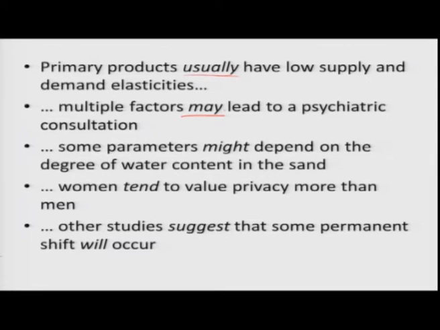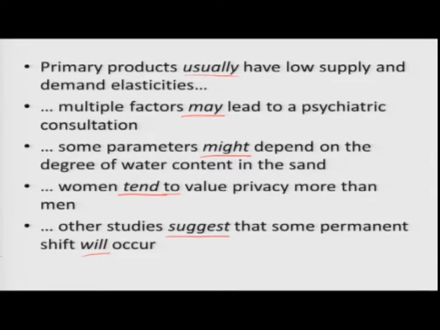May is the hedging device. Some parameters might depend on the degree of water content in the sand. Might is the hedging device. Women tend to value privacy more than men. Tend to is the hedging device. Other studies suggest that some permanent shift will occur. Suggest and will, both these are hedging devices.